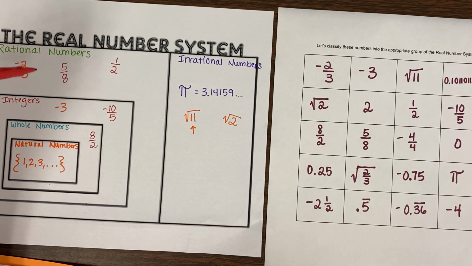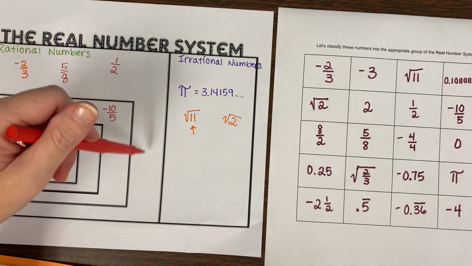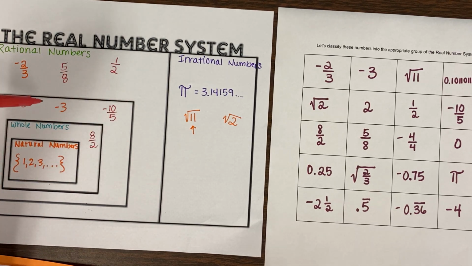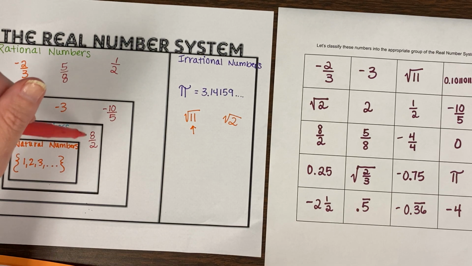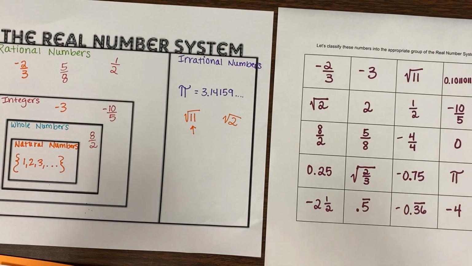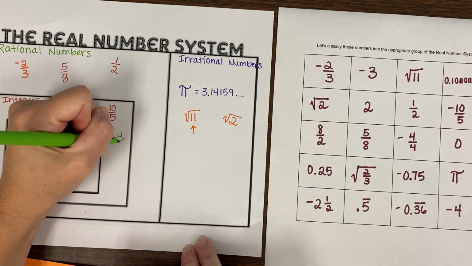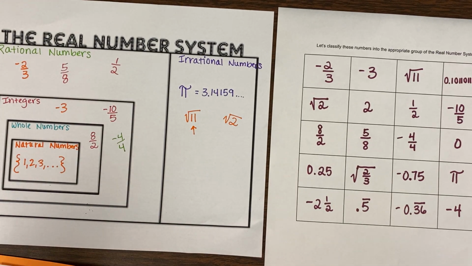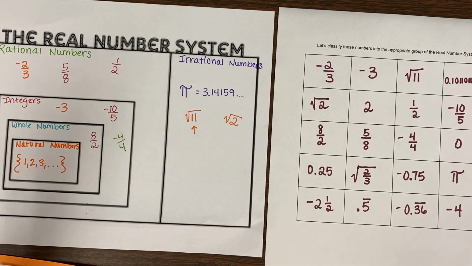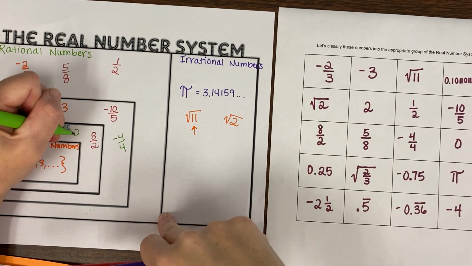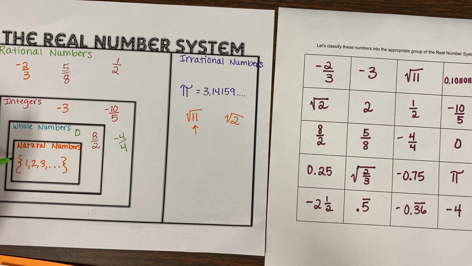Any fraction will definitely go here, but if it does simplify to an integer or whole number, it might go in one of these two. -4/4. Well, that simplifies to an integer, -1. So -4/4 would be something here. The number 0. 0 is a whole number. Remember, it is not part of the natural numbers.